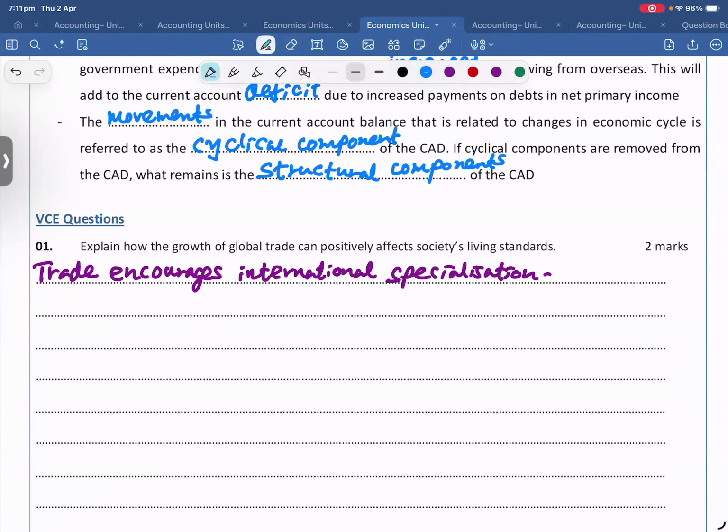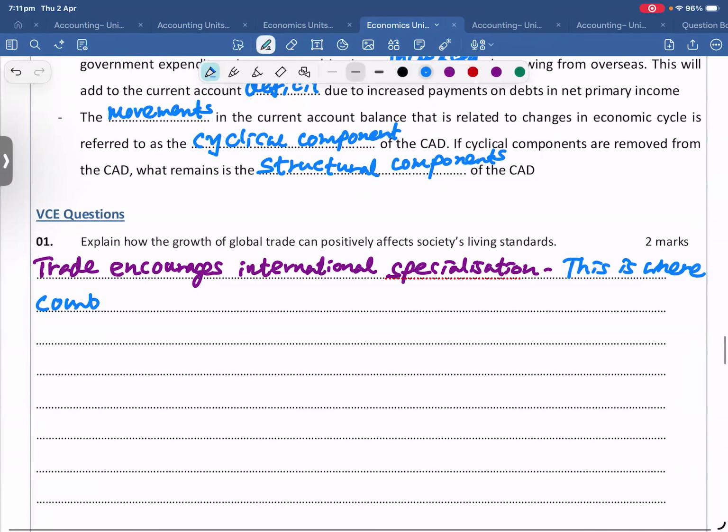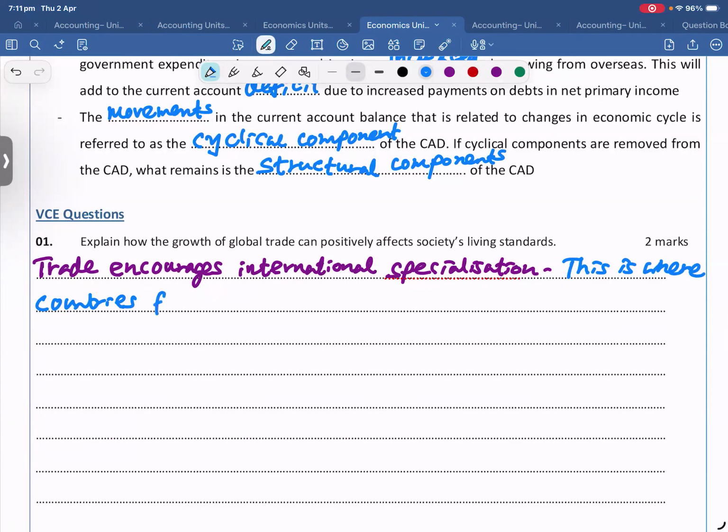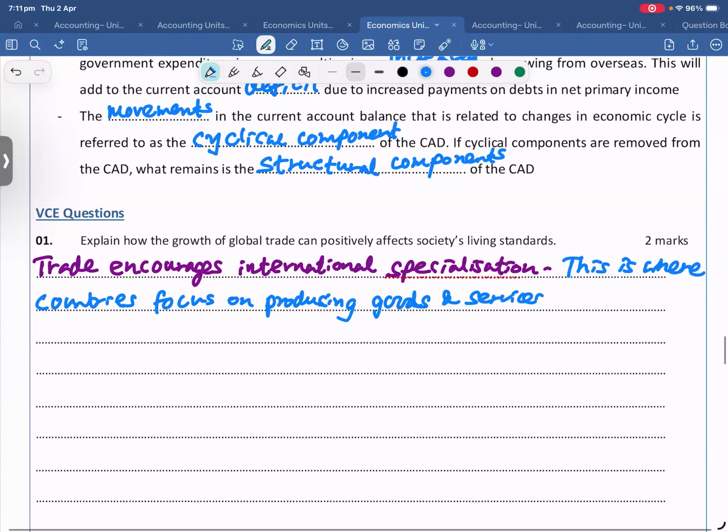This is where countries focus on producing goods and services that have a comparative advantage.